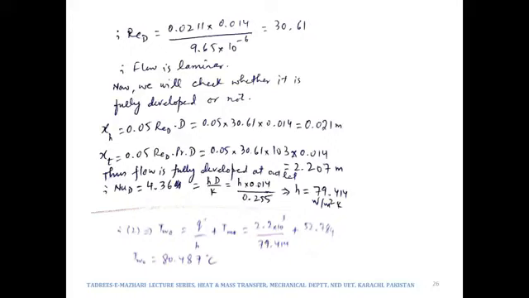And when it is equated to hD by k, again k would be found out using the same table, and we need to find out three properties all the time: nu, k, and Prandtl number.